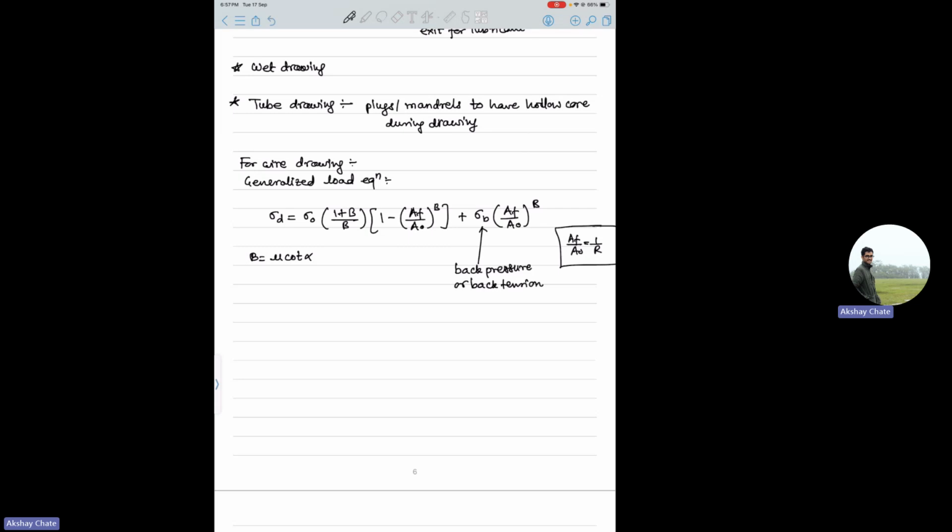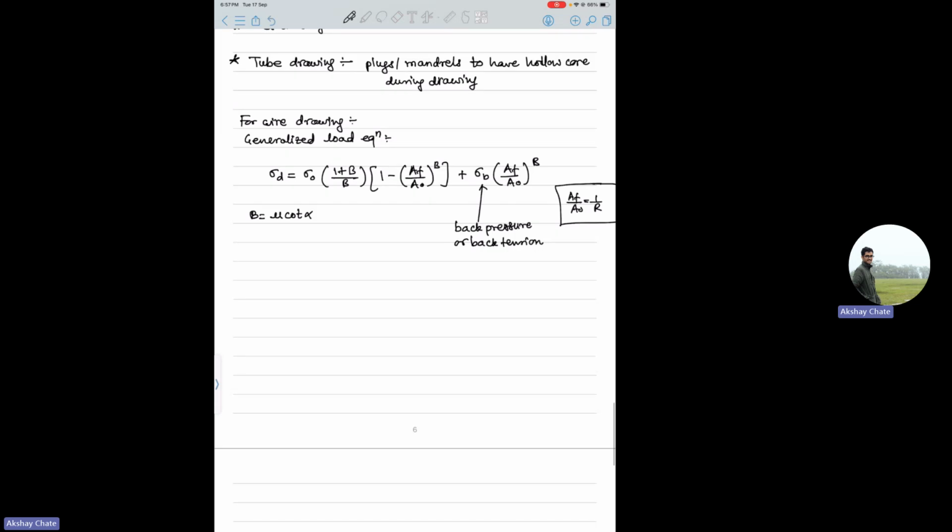Okay, so then sometimes you simplify these formulas. So let's consider one case where you have ideal conditions.